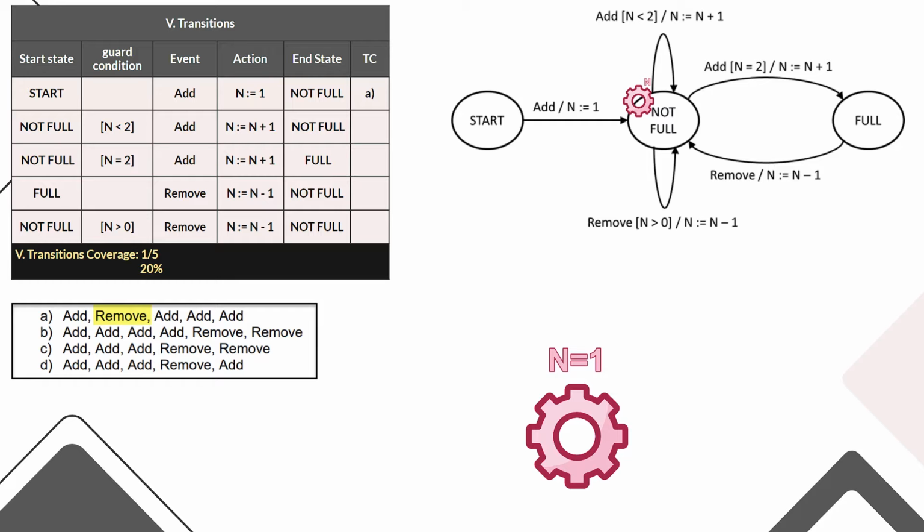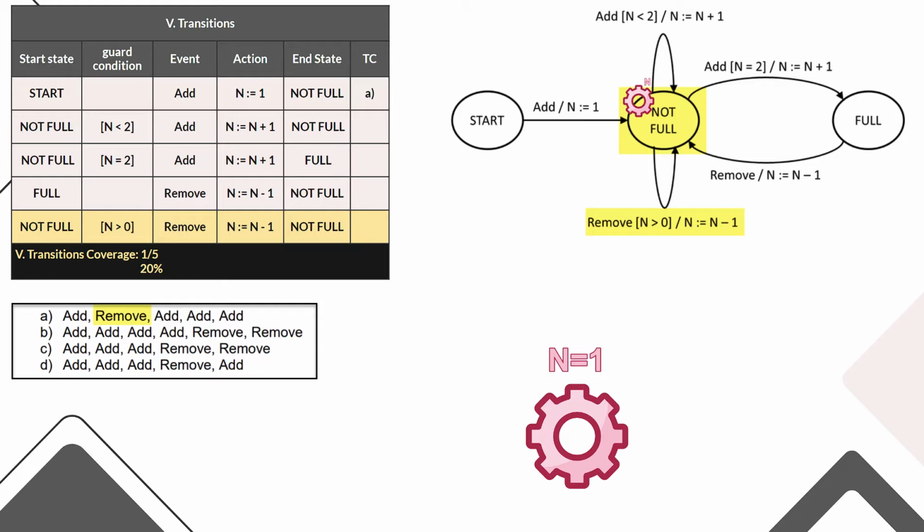Let's figure out which of our transitions it is. First of all, we start with the not full state, which is marked with the gear icon. There is only one transition with the remove event. Let's study it more closely.